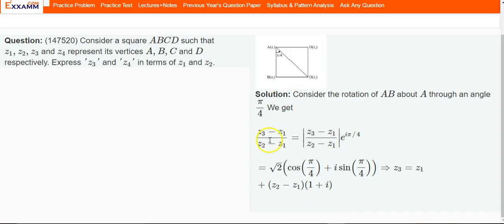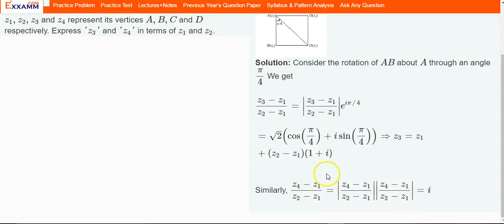Similarly, to find Z4, we could rotate by an angle of 90 degrees. We can also say let us rotate Z3 by another angle of 45, but then it would be difficult because we have to give the answer in terms of Z1, Z2. So let us rotate Z2 by an angle of 90, and then as per the formula, the point would lie along this line, and because this length is the same, it would match exactly here.